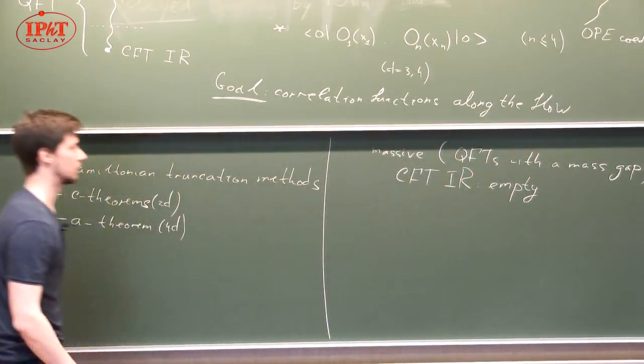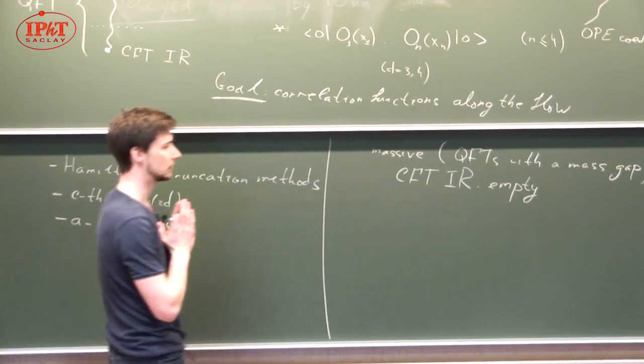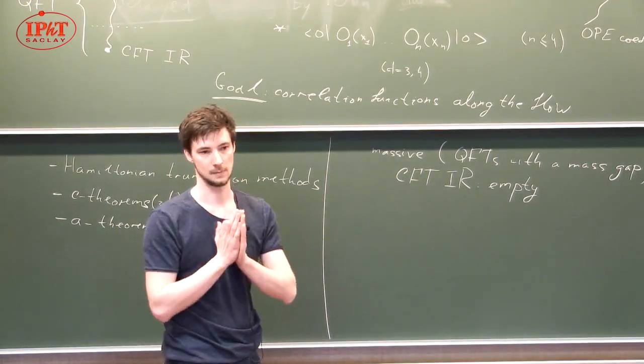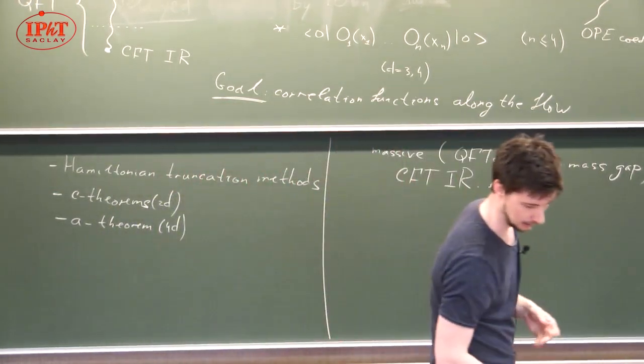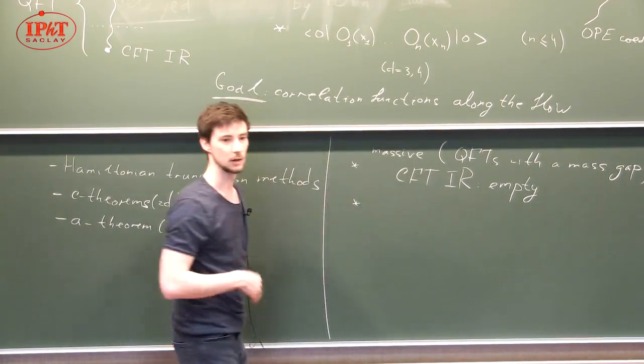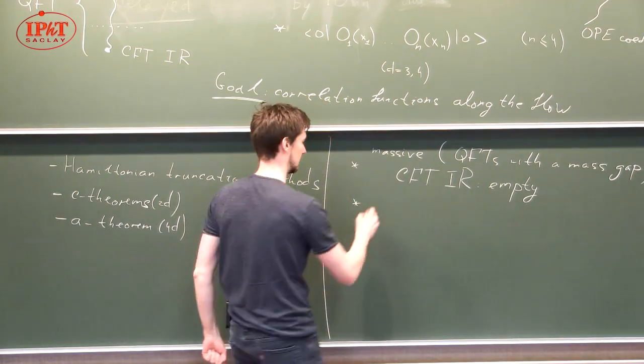Okay, so for such theories, massive theories, we have a very useful tool which is called the S-matrix. And now I would like to define it very quickly. So to talk about the S-matrix, I need to talk about asymptotic states.